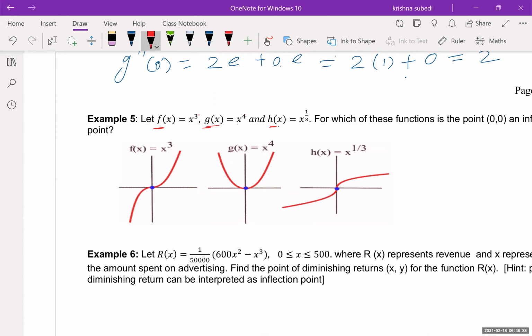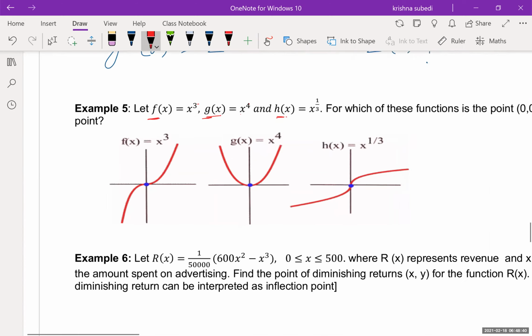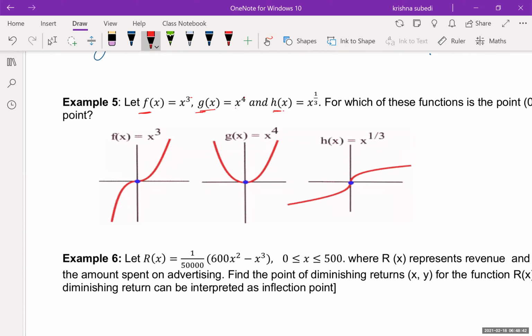I have drawn the graphs, and I trust that you will be able to draw them. I used geogebra.org to draw the graph, but you can use any online software; there are so many available.